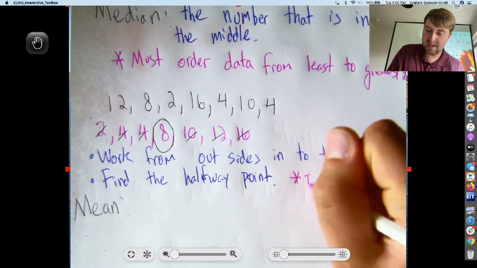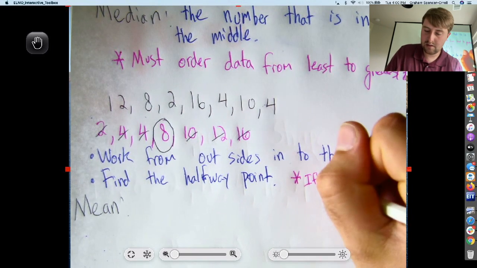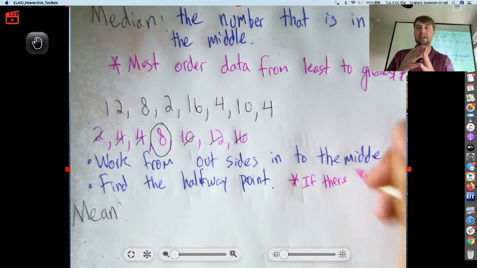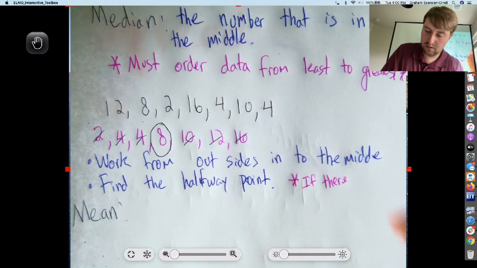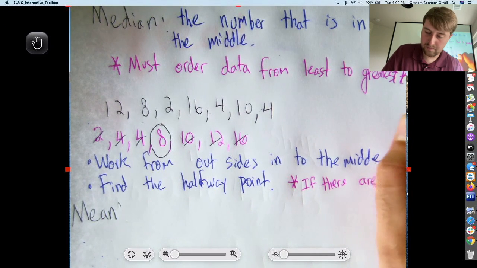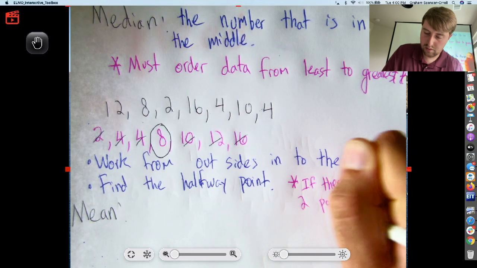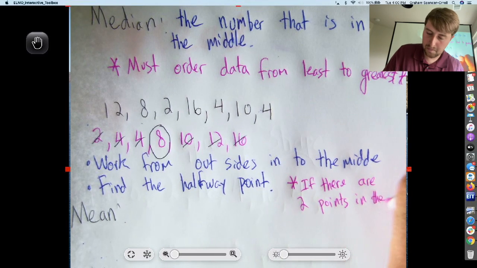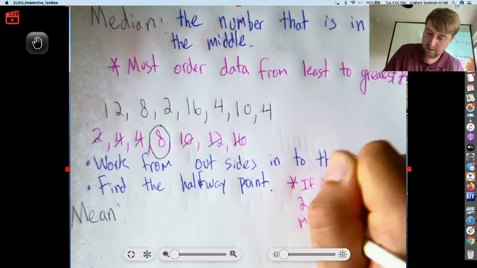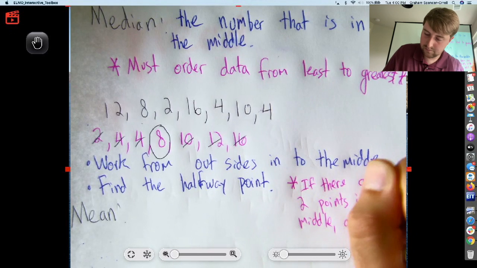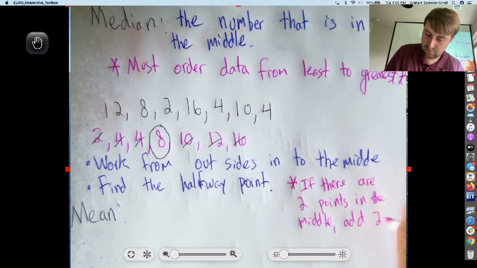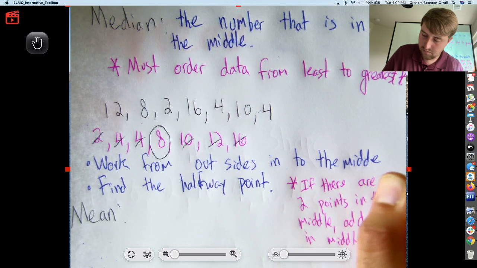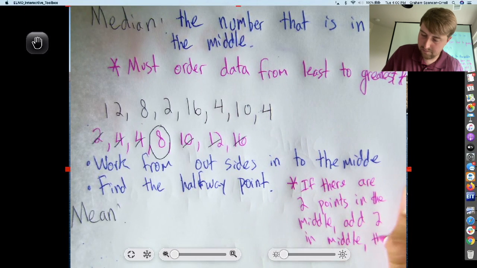If there's an even number of points, you're going to have to take the 2 in the middle, add them together, and then divide by 2.